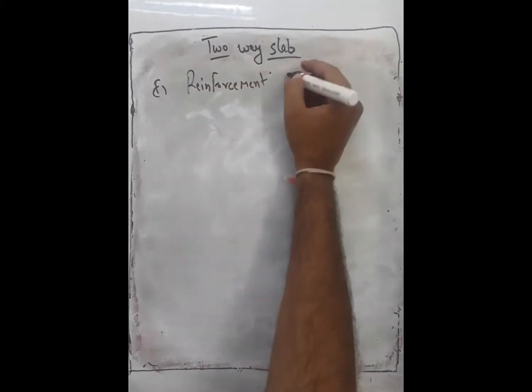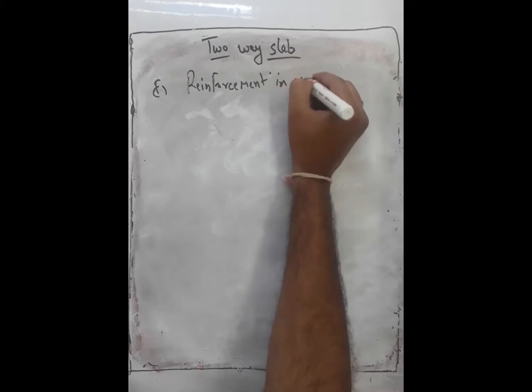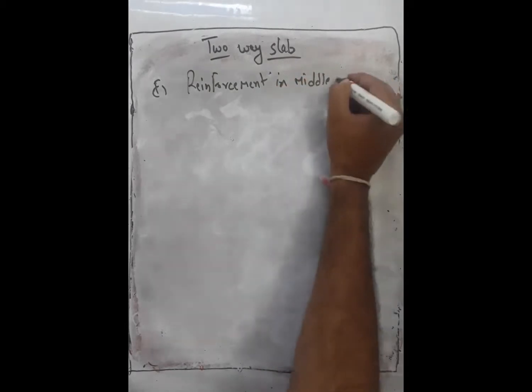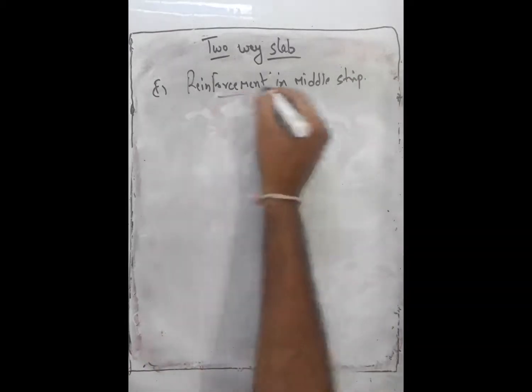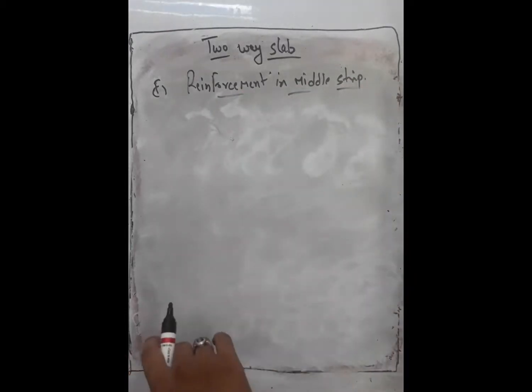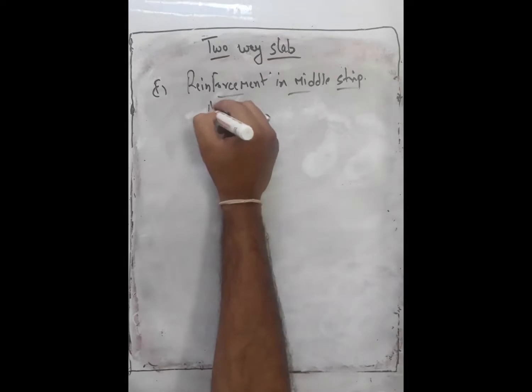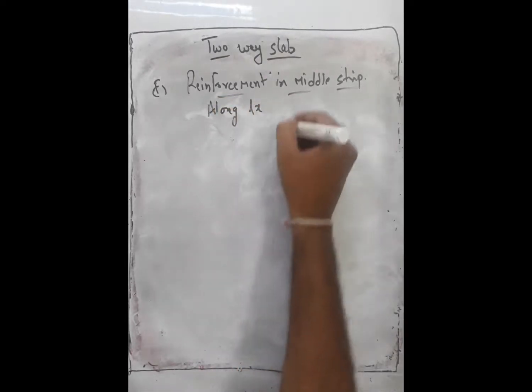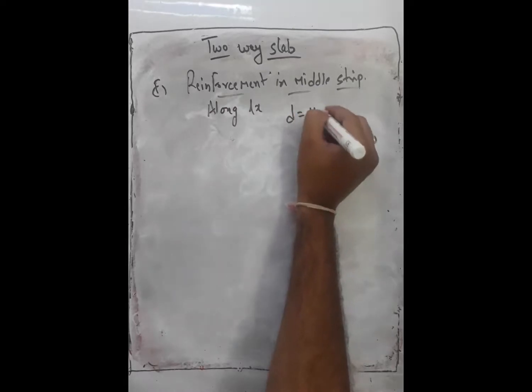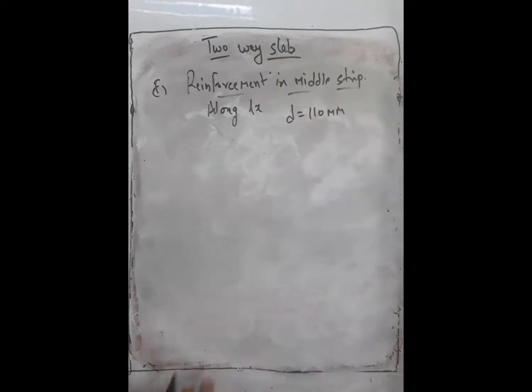So here we write reinforcement in middle strip, and this reinforcement is afterwards distributed in edge strip. Okay, so reinforcement in middle strip. So first we have to find for along LX, and here D we taken 110 mm.